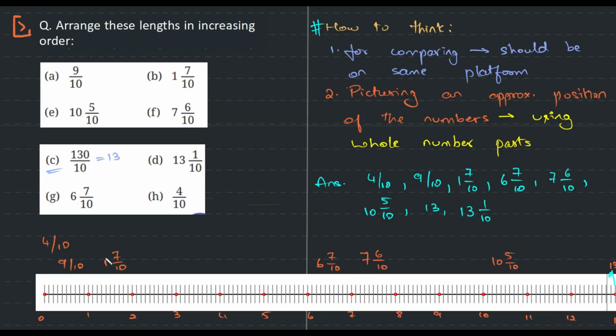So that itself was able to help me a lot to compare the numbers. And when it came to a clash between two numbers within the same section, we looked at the fraction parts. Clearly 4 is lesser than 9. So 4 tenths is less than 9 tenths. And that's how we were able to compare, and we got the answer.